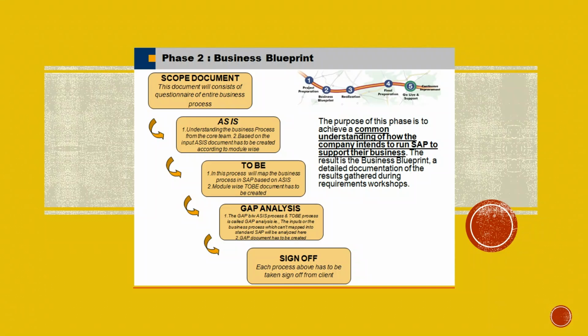The questionnaire has to be set up, workshops have to be attended, and different sets of questions asked. As the outcome, the as-is document, which is what the current system is, and the to-be document, what is expected, have to be created, and the accumulation of both documents is called my business blueprint document.